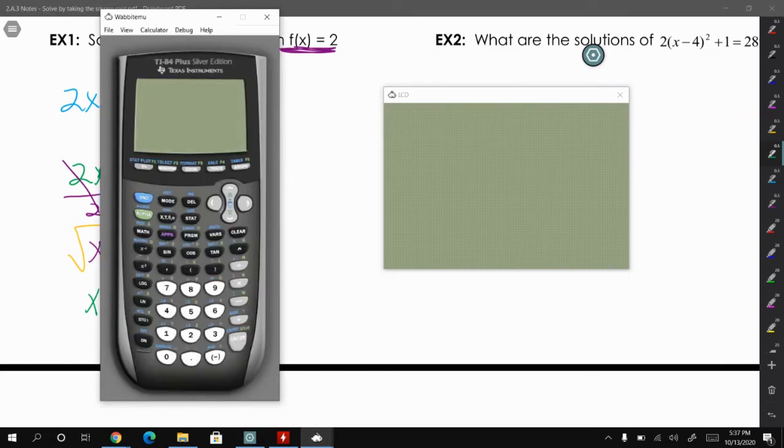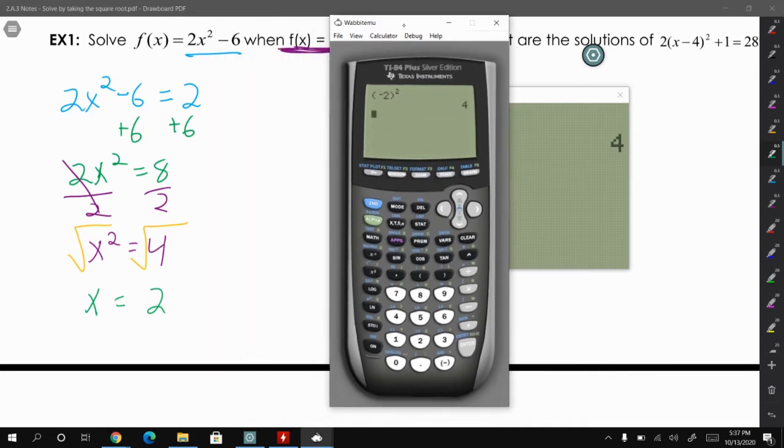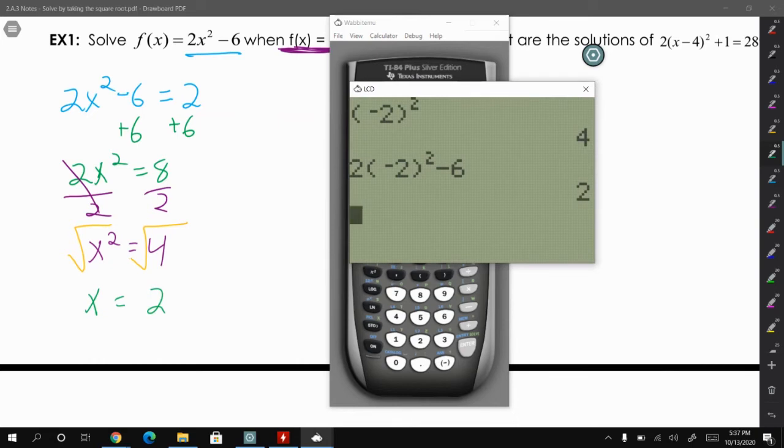Because if we look at our calculator, negative 2 squared is positive 4. And if we go back to our original function, 2 times negative 2 squared minus 6, we get 2, like the original equation I have in light blue.